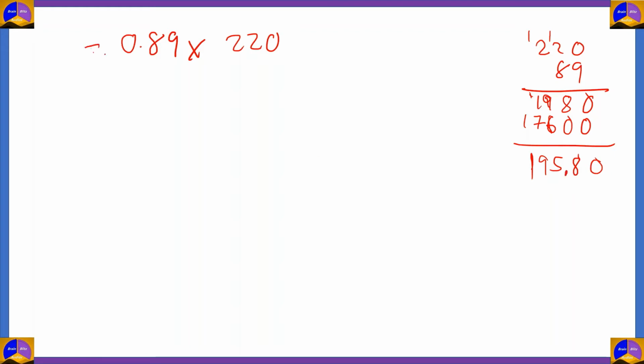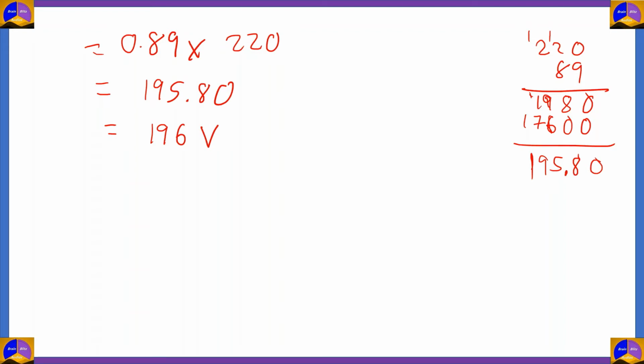There it is. So the value of the average EMF during a positive half cycle is 195.80, which using approximation, we can write as 196 volts. So the value that we get is 196 volts. But remember, for getting this value, we have approximated the value of pi.